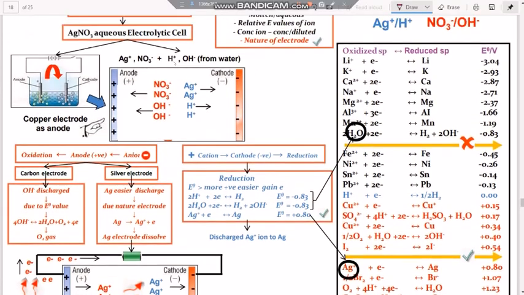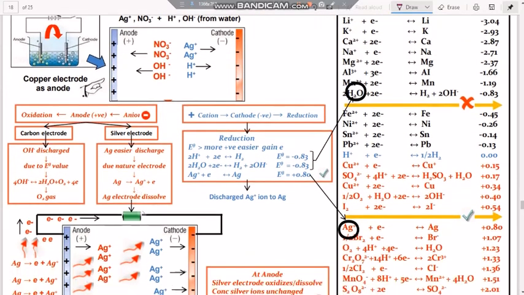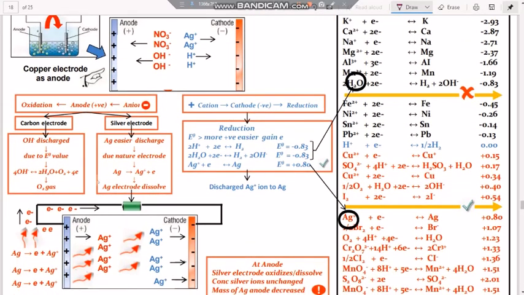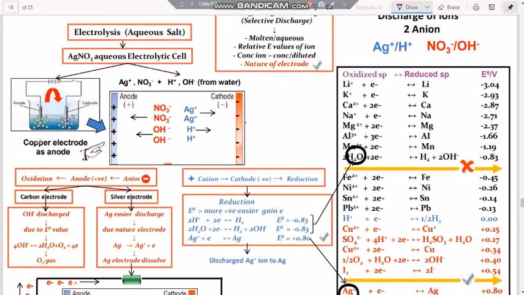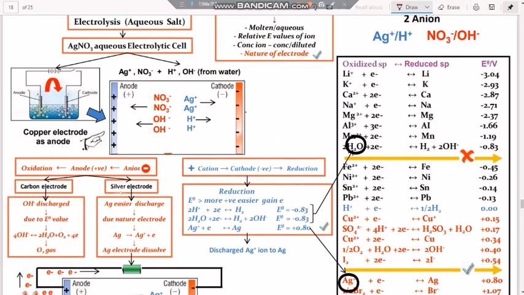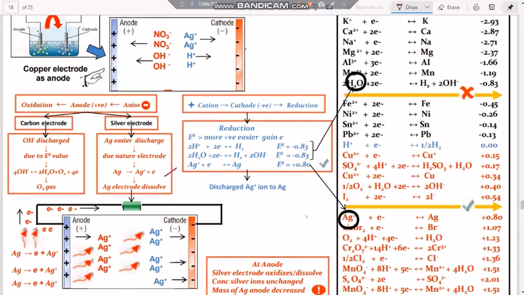If you observe the aqueous electrolytic cell, silver nitrate solution, in this also we have copper electrodes. Here the anode and cathode are shown in the picture. When you take the carbon electrode or silver electrode, you can observe different products as per the E naught values.